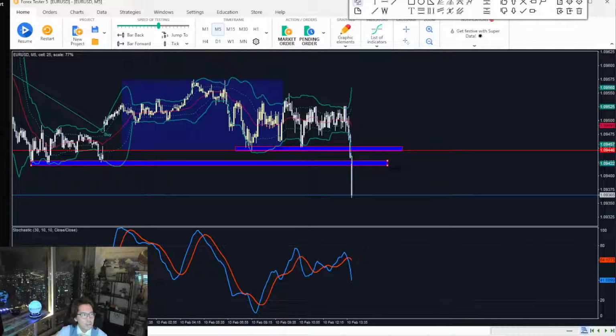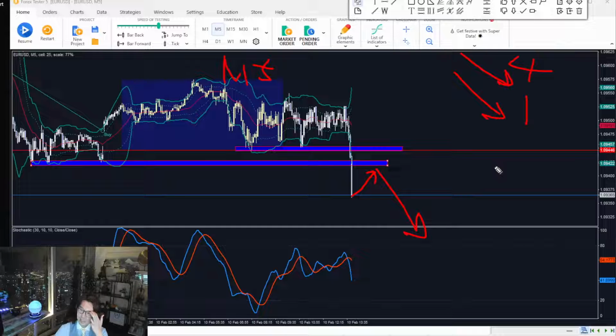So even if it may retrace, I think it retraces, but I think still 4 hour down and 1 hour down, as we saw earlier, I expect this M5, 5-minute time frame, also to be bearish continuously. So that's why I see a sell opportunity here now.